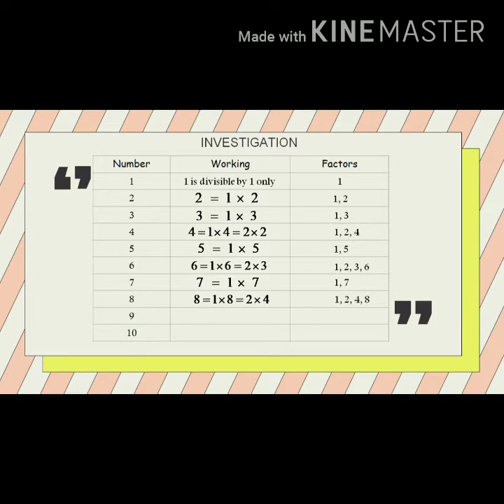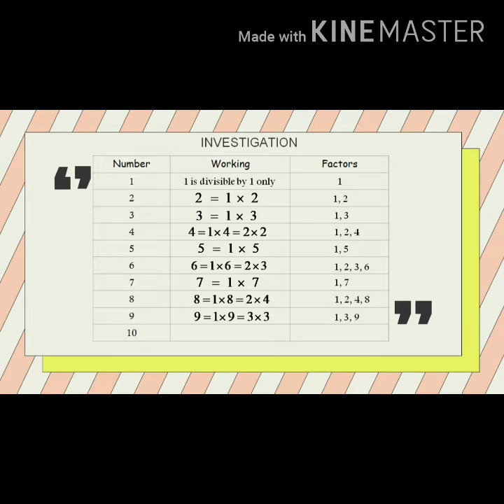Next, 9. How about 9? 9 made from 1 times 9, that equals 9. And also 3 times 3 equals 9. So the factors of 9 are 1, 3, and 9.